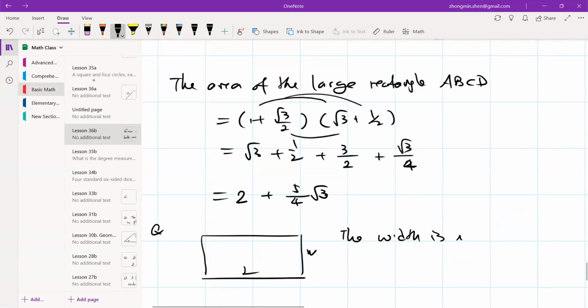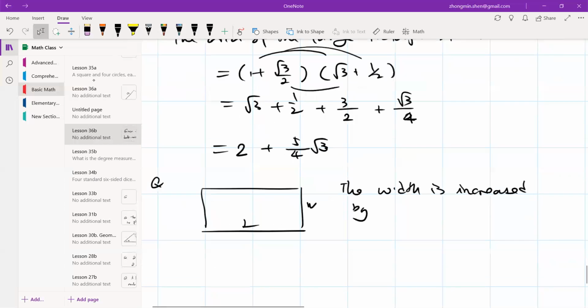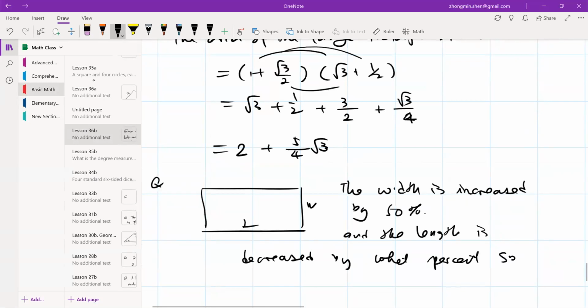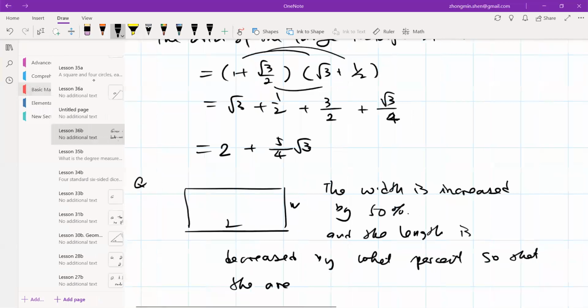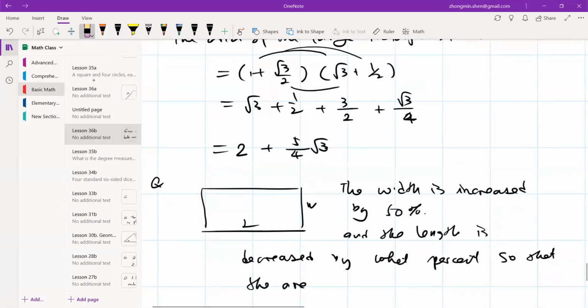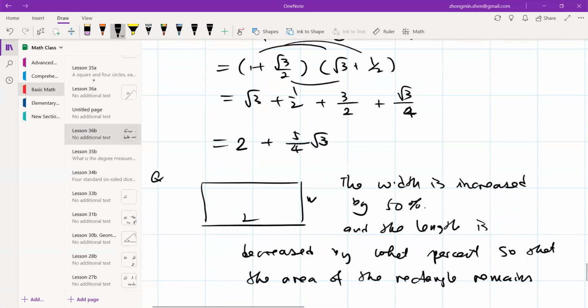The width is increased by a certain percentage, maybe by 50%, and the length is decreased by what percent so that the area of the rectangle remains unchanged.